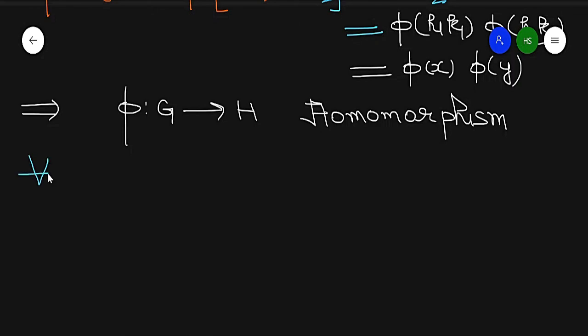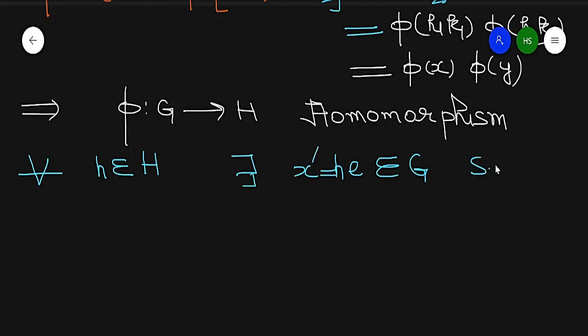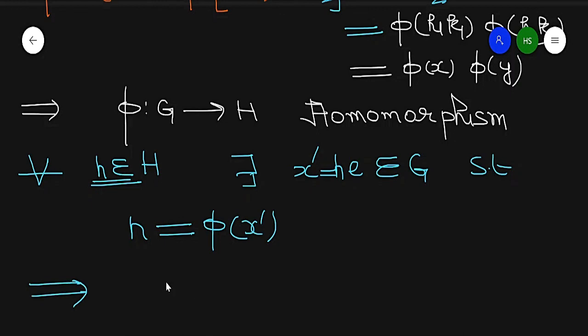So for every h belonging to capital H, there exists h into e, where h belongs to capital H and e belongs to K, so this belongs to G. So I write it as x dash such that this h can be written as phi of x dash. So I get the pre-image of this h. It means phi is onto.